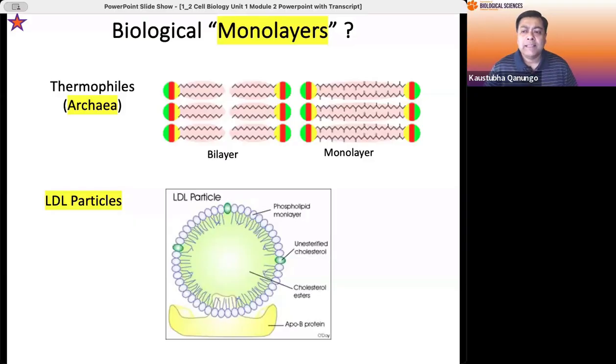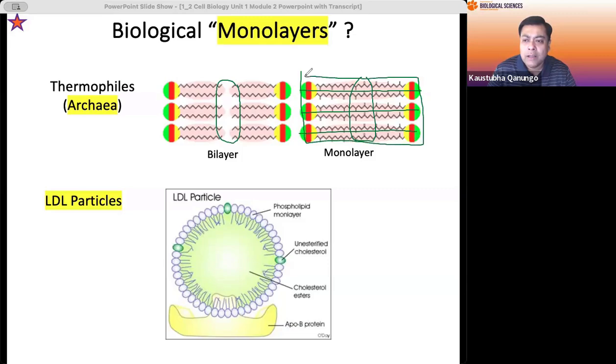And see what's unique: as they evolved, their fatty acid tails joined together to form a monolayer. So it is just a single molecule end to end. This is a monolayer because it is a single molecule next to another single molecule, whereas here you have 1, 2, 1, 2, 1, 2. That's why you have two layers. So in thermophiles, in archaea, you find those.